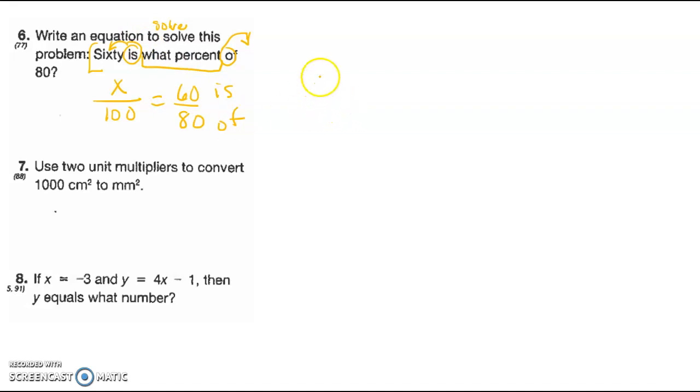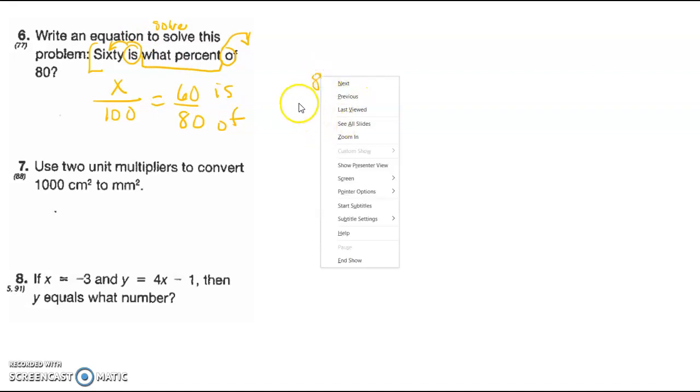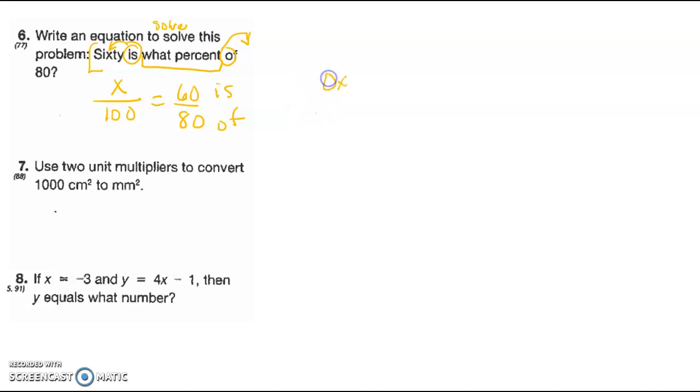Then we cross multiply. I have 80x is equal to 60 times 100. 80x is equal to 6,000. X is equal to 6,000 divided by 80 is 75%.